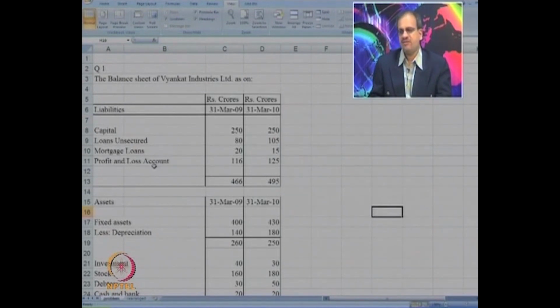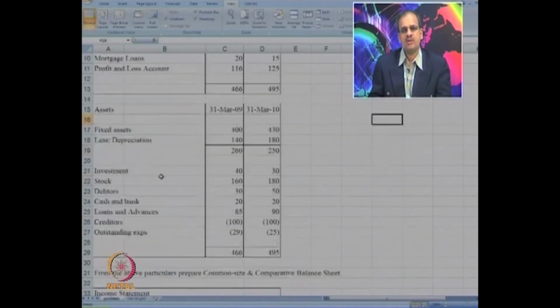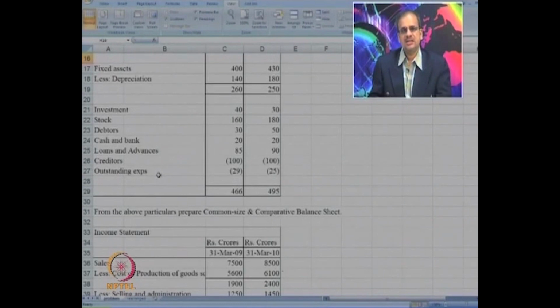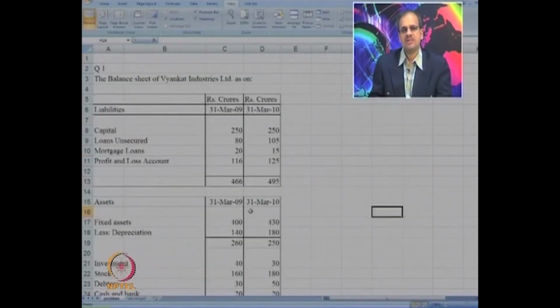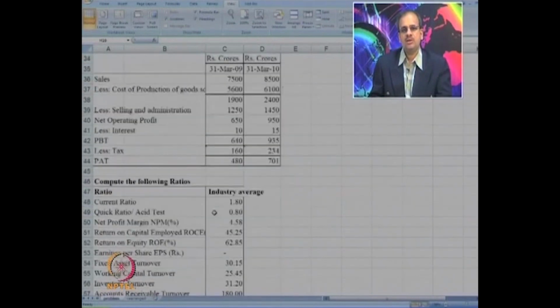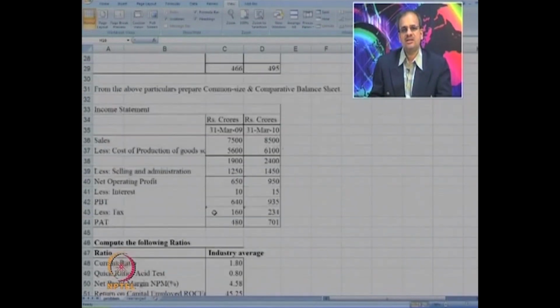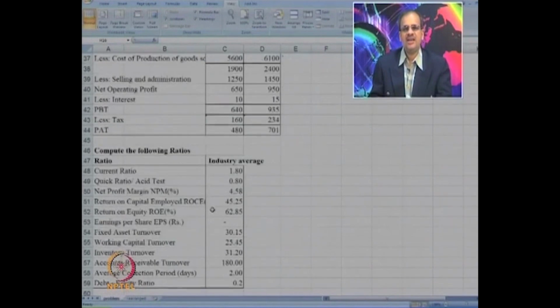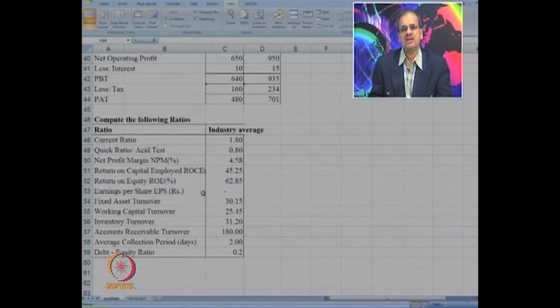Balance sheet is already in the vertical format. So, you can see capital, loan, unsecured, mortgage loan, P&L account and assets. Now, you are required to prepare both common size and comparative statement. Below, you are also given the income statement, and in the end you are also given certain ratios.